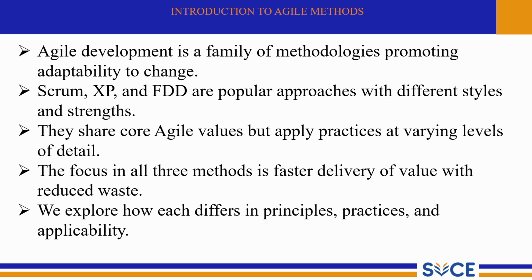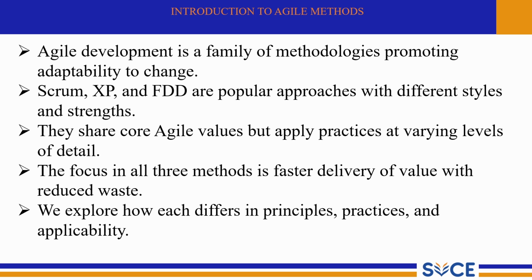And next point, they share core agile values but apply practices at varying levels of detail. All agile methods follow the agile manifesto values, that is individuals and interactions over processes and tools, working software over comprehensive documentation, and customer collaboration over contract negotiation.